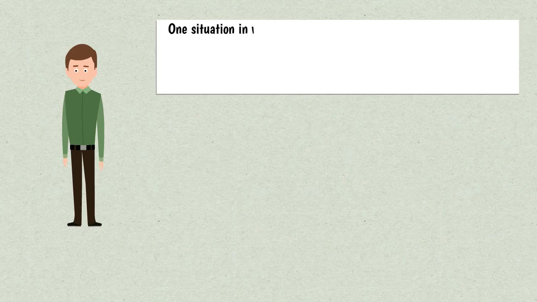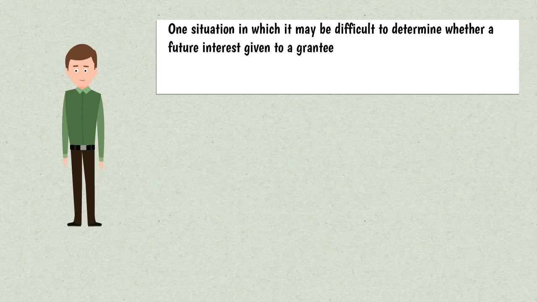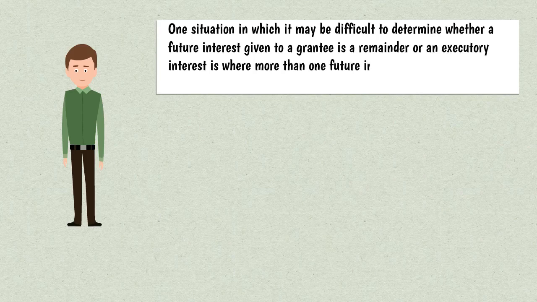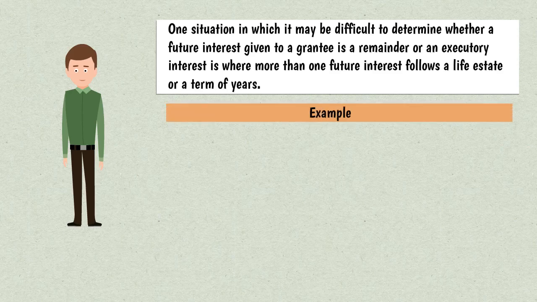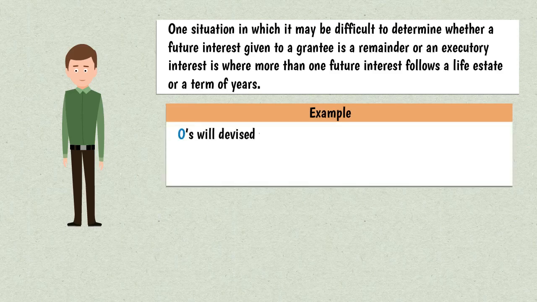One situation in which it may be difficult to determine whether a future interest given to a grantee is a remainder or an executory interest is where more than one future interest follows a life estate or a term of years.